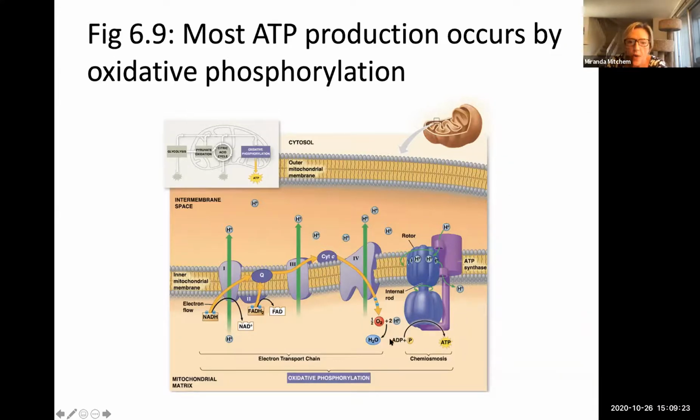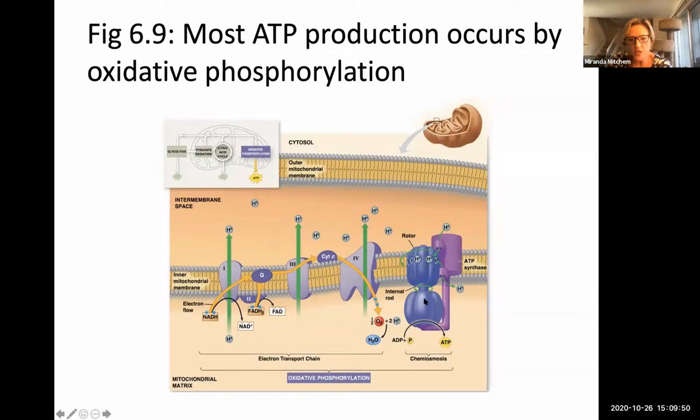To make water. What's happening next, here's the production of ATP. All of these protons that are built up in the inner membrane space now move through this pump called ATP synthase that takes a proton, loads it into the rotor, and there's multiple positions in the rotor for multiple hydrogens.